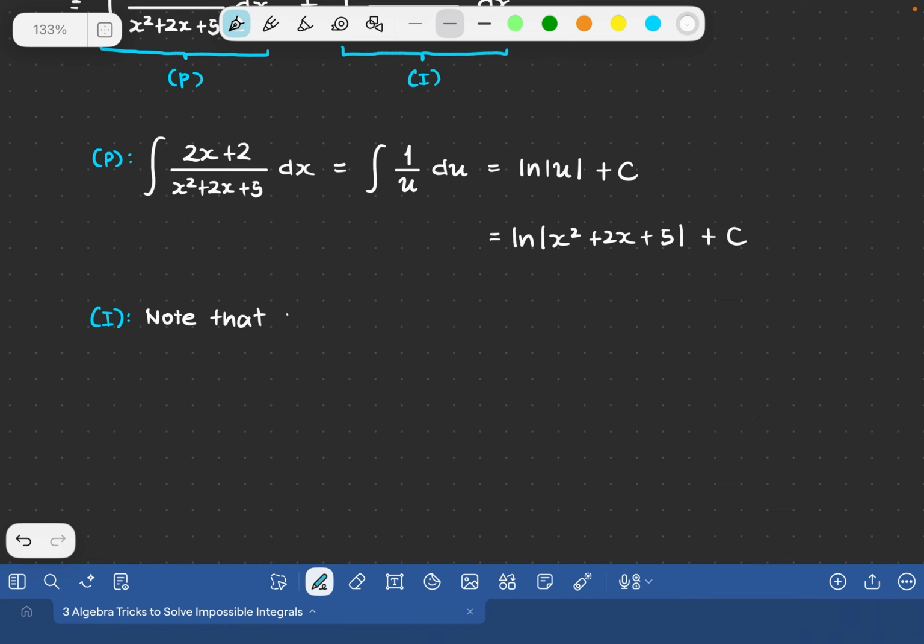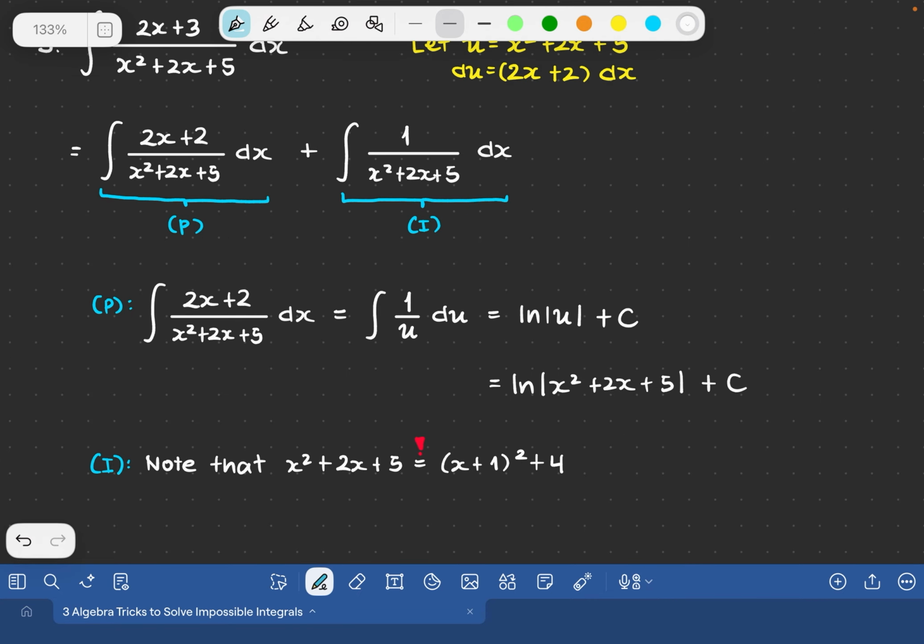Note that x squared plus 2x plus 5, applying completing the square, would yield x plus 1 squared plus 4. I skipped that one, but I hope by this time you're comfortable with it already. Take note of that, it's the completing the square form. You can verify it.